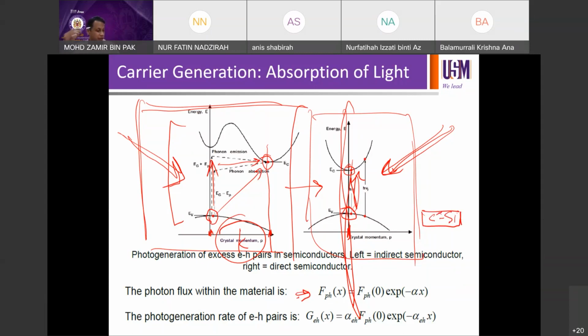For example, I have a silicon solar cell with me to show this. As I showed before, this is a silicon solar cell, about 5 inches wide. When we talk about the flux coming into the silicon, we are talking about its cross section.